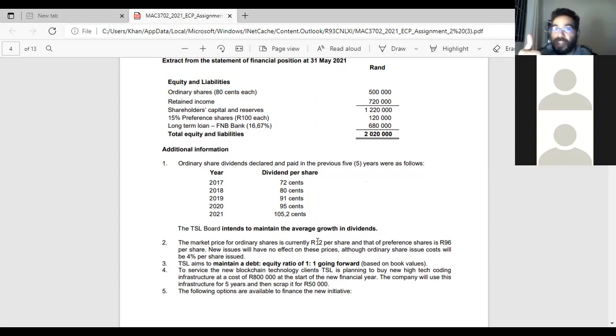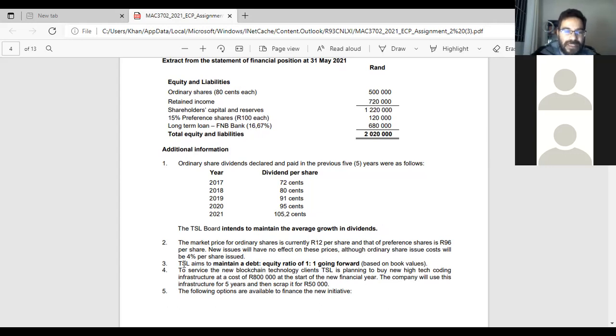We can calculate growth. We have the number of shares, we have the market price of shares, and we have dividends. So that means we most likely are going to have to use the dividend growth model. So you may not get it now, but as you work through questions, that is how you're going to be able to pick up which method to use.